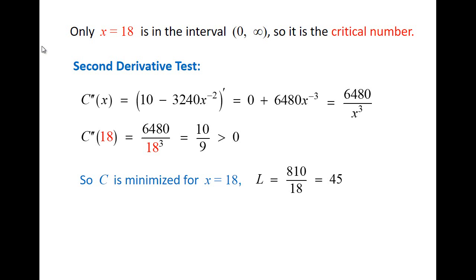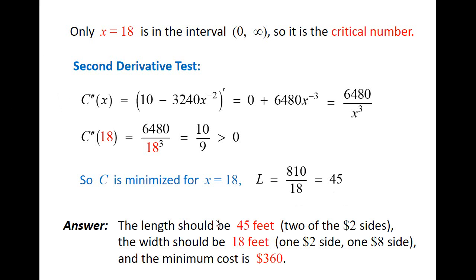When x is 18, we can use the formula for l, and we see that l is 810 divided by 18, which is 45. So the length should be 45, and the width should be 18 feet, and then the minimum cost would be $360.